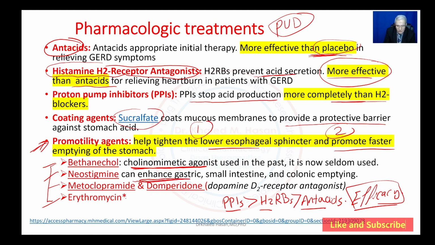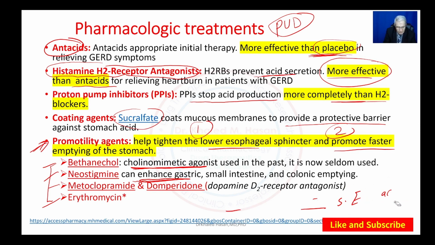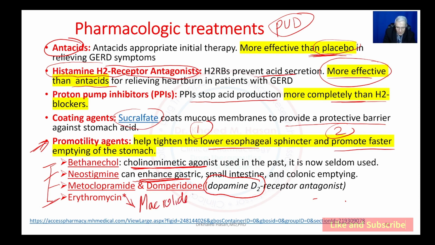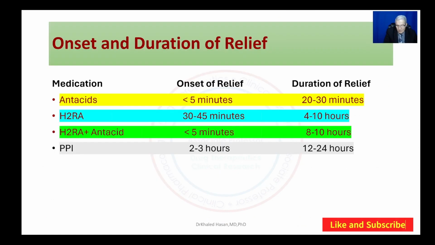Metoclopramide and domperidone are dopamine 2 antagonists. The last one is erythromycin, which belongs to the macrolide antibiotics, and we are going to speak about that in the next slide.